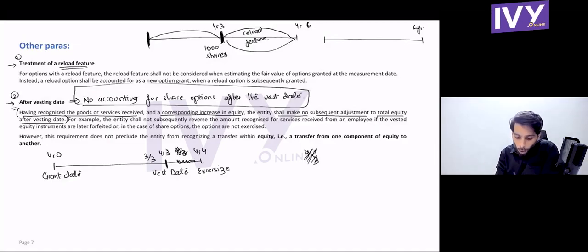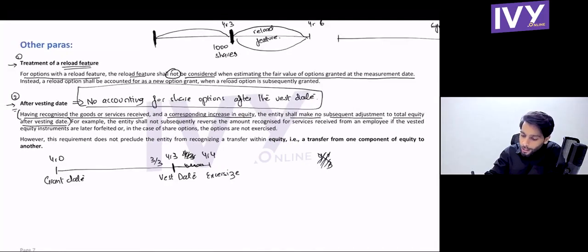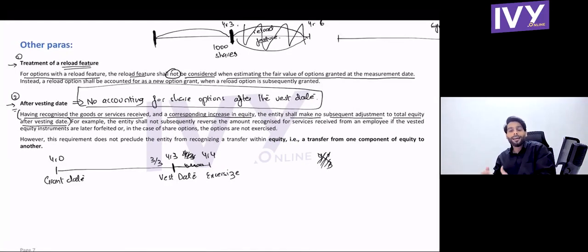It says that for options with reload feature, the reload feature shall not be considered when estimating the fair value of options granted at the measurement date. This means that even if a share-based payment agreement has a reload feature, the reload feature is not accounted for until and unless it is actually granted.